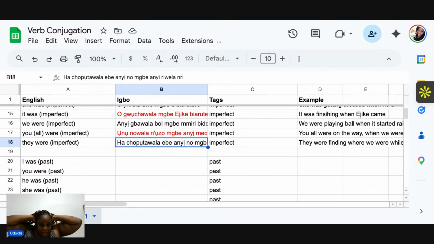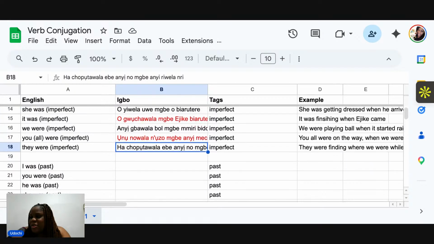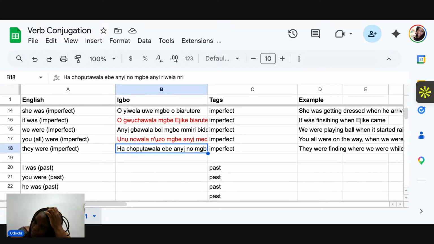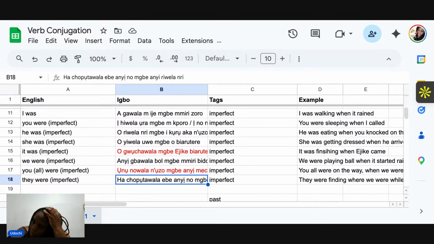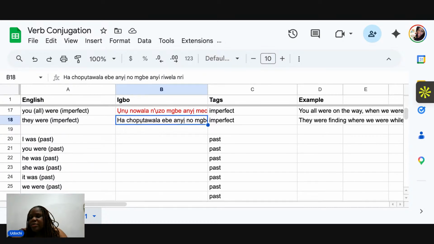Igbo is not for the faint of heart. It is very, very hard. Okay, past tense.